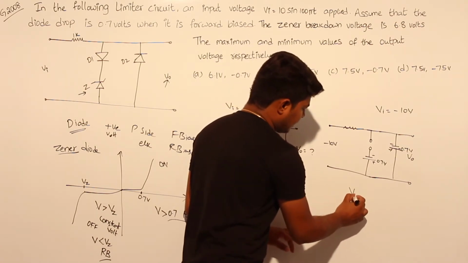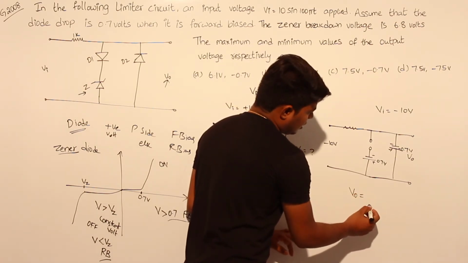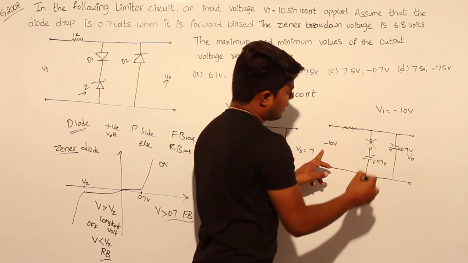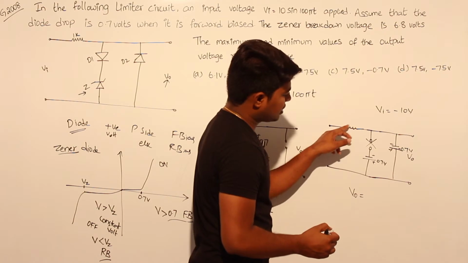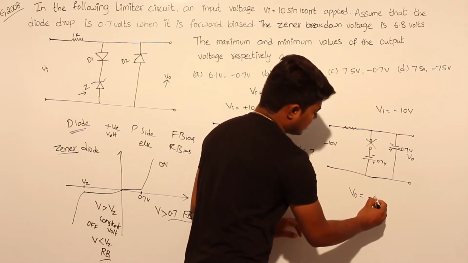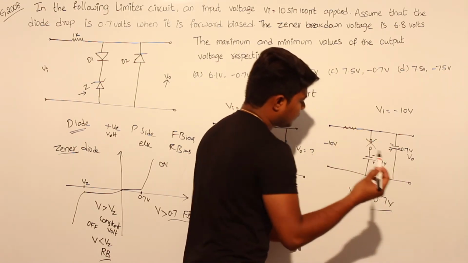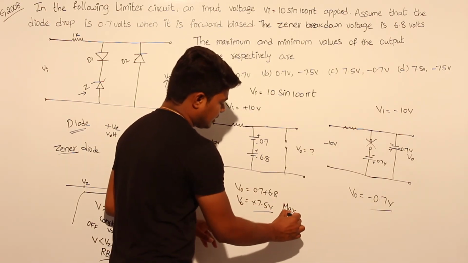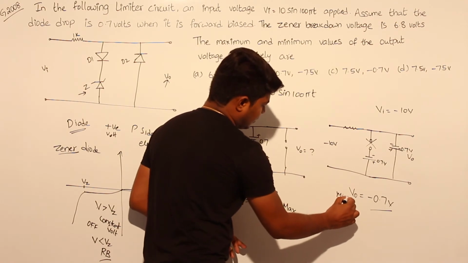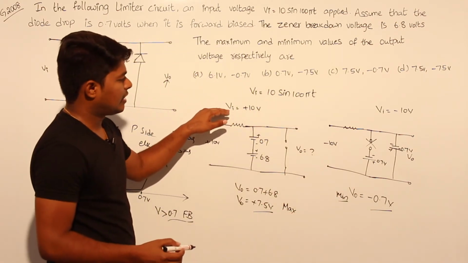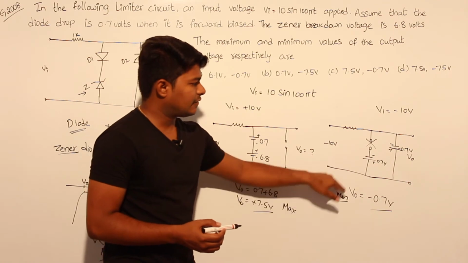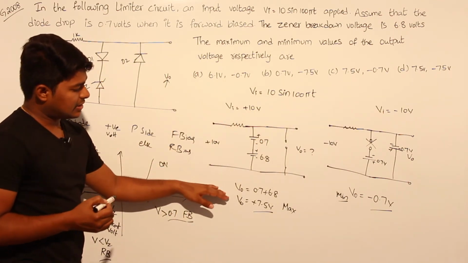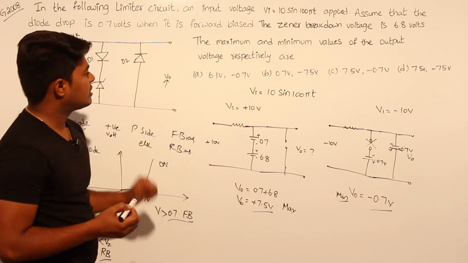Now we can calculate V0 straight away, because this is an open circuit, we cannot consider it. So we get minus 0.7 volts. This will be the max and this will be the minimum, because we get the max whenever we apply positive voltage and the min whenever we apply negative voltage. This is how we solve the question, and the answer is plus 7.5 volts and minus 0.7 volts.